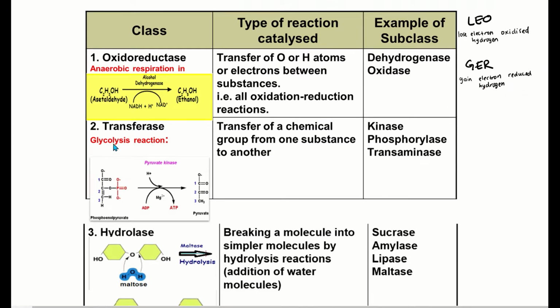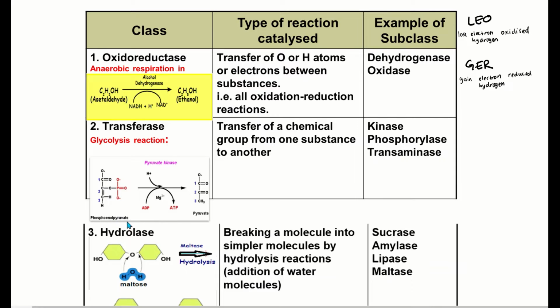Kelas yang kedua, transferase. You transfer chemical group from one substance to another. Contoh kat sini dia bagi pyruvate kinase. Nampak gambar dekat sini? Ini adalah phosphoenol pyruvate.